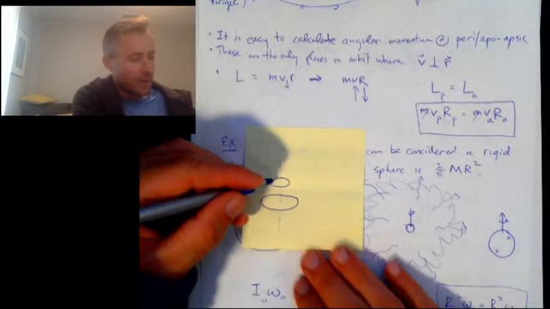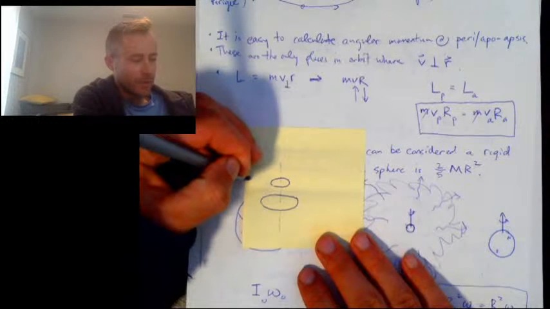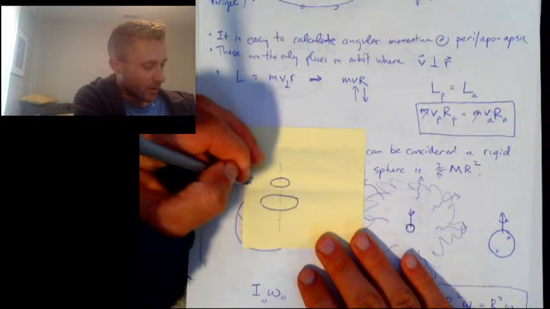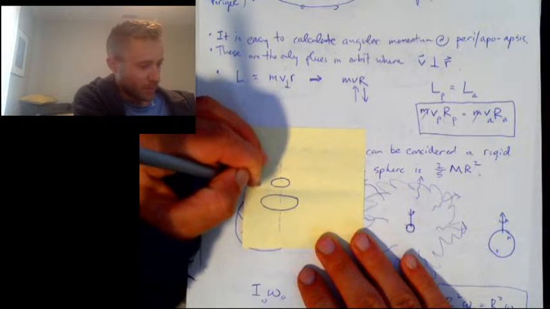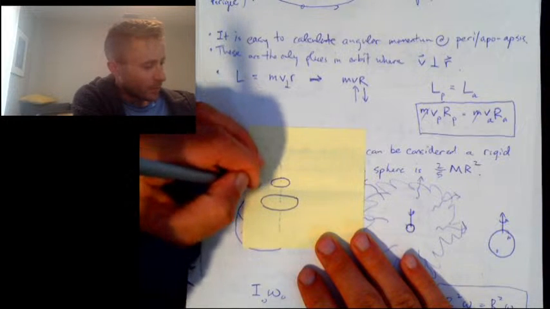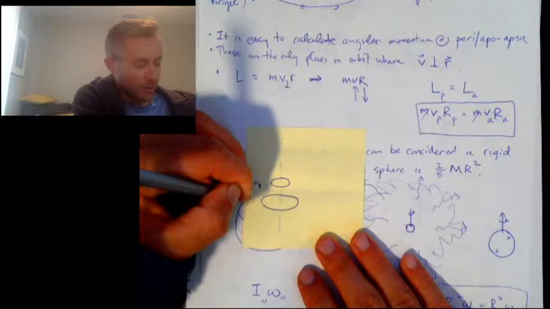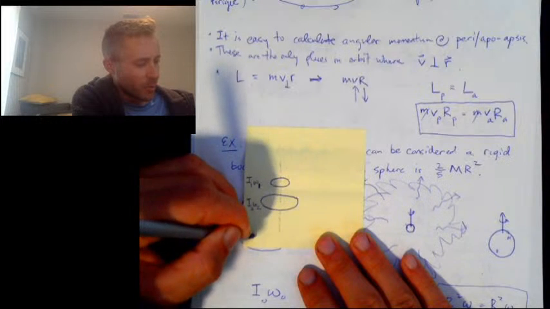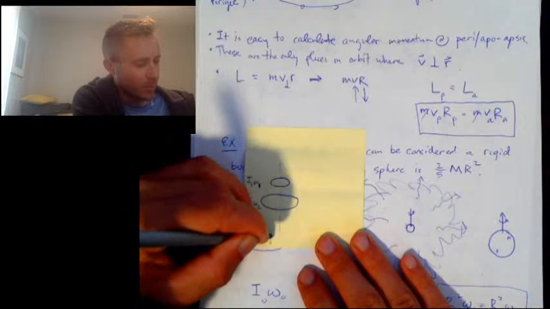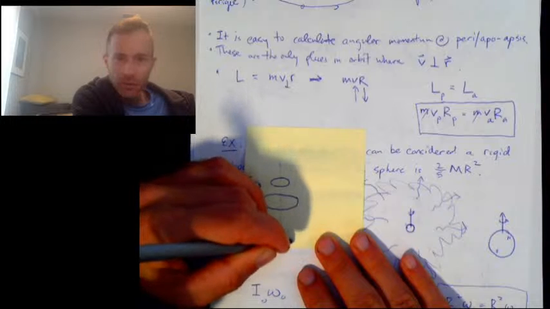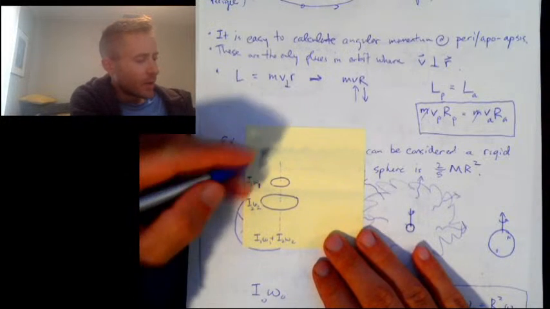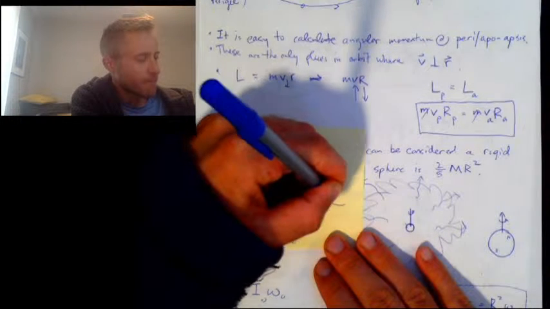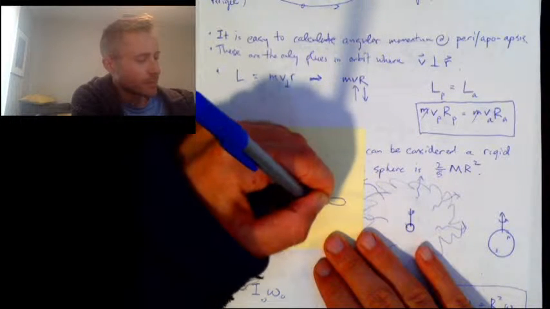This disk has an angular momentum of I1 omega 1, and this one has angular momentum I2 omega 2. So the initial angular momentum is I1 omega 1 plus I2 omega 2. All right? And then maybe this disk falls on top of the other disk, like so.